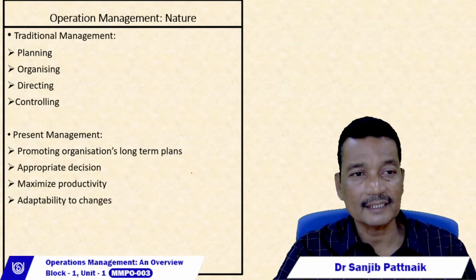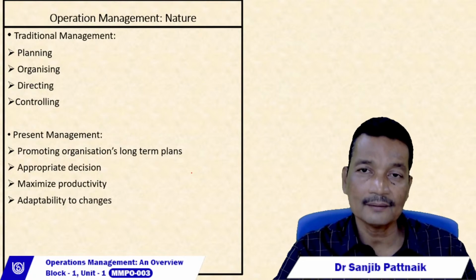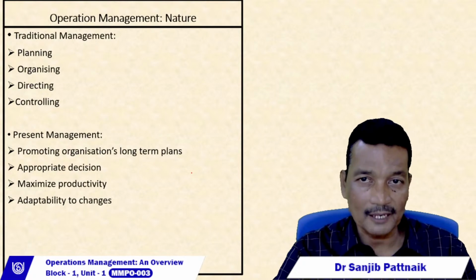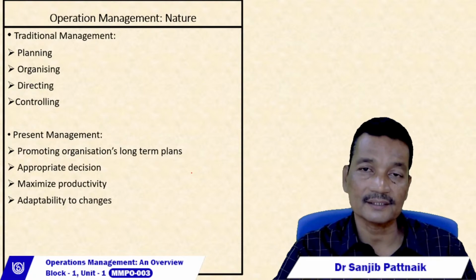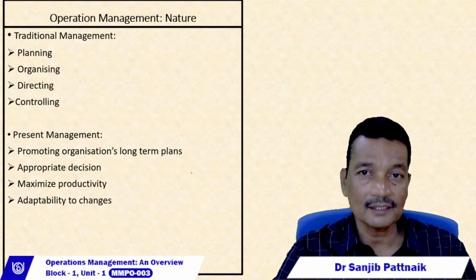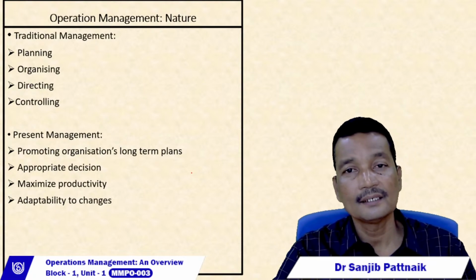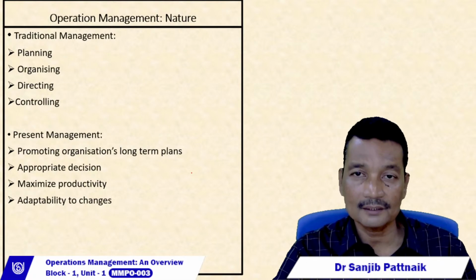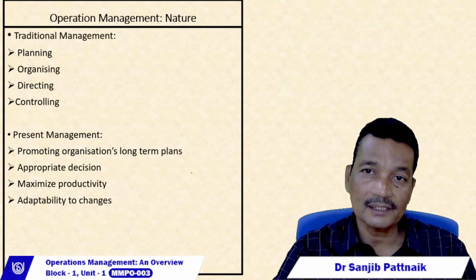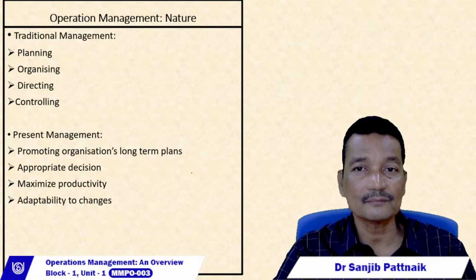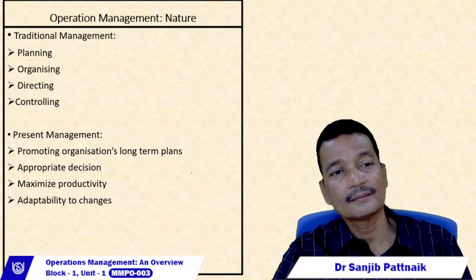Everyone agrees with that. Yes, we have to plan. According to the plan, we have to organize the various resources like raw materials, like human resources, like various utilities, like various facilities, etc.